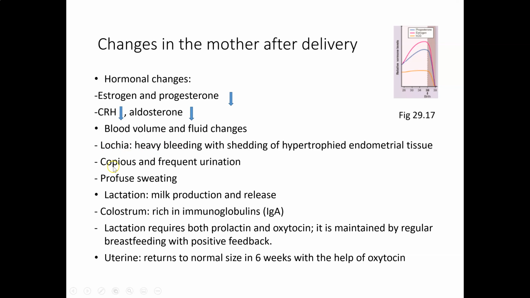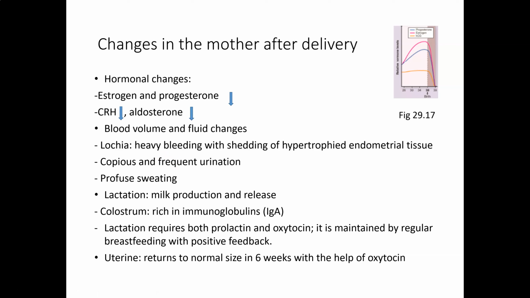And in addition to that, remember that with the help of aldosterone, the pregnant woman increased the blood volume by keeping the fluid in. Now, all that hormone is gone, and so you're going to dramatically increase the urine output.